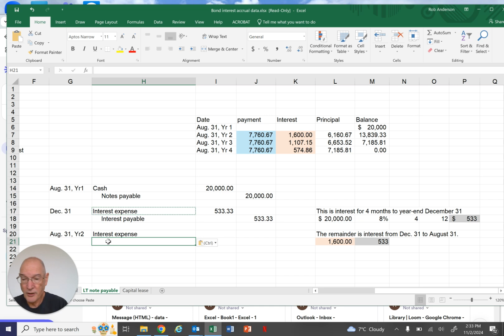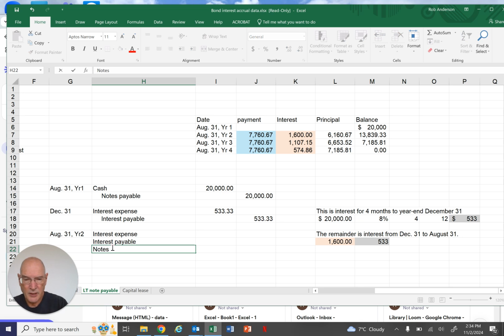And we're going to pay off our interest payable. So remember, that's a liability, and we're going to pay it off with a debit. And we're going to make our cash payment as well, and the balance of our note payable is going to go down. Remember, this is a liability. Your note payable is a credit. It's going to go down with the debit.